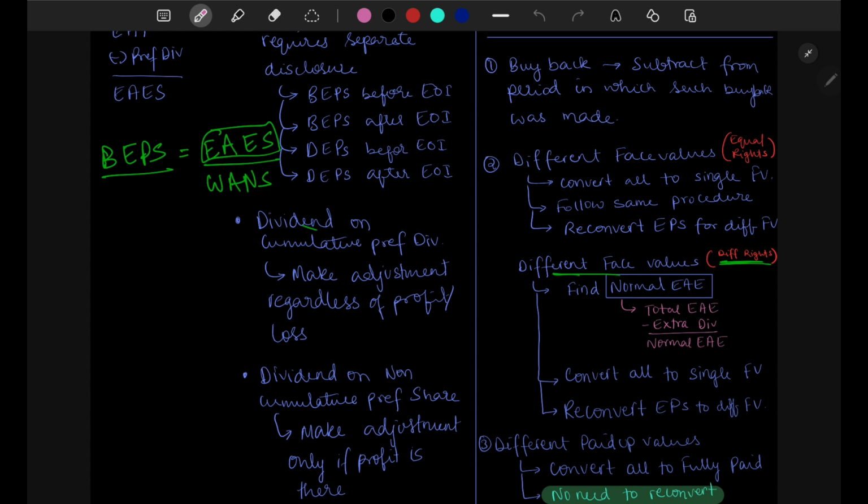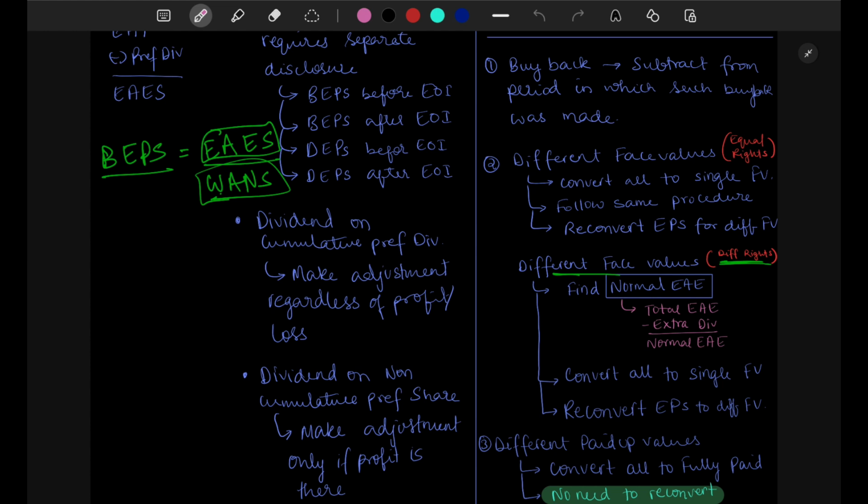We found 4 or 5 different adjustments, right? Now we are discussing the adjustments that can arise in weighted average number of shares, meaning the adjustments that we'll have to do in the denominator. Is that clear? Just to give you a reference in case you've wandered off.